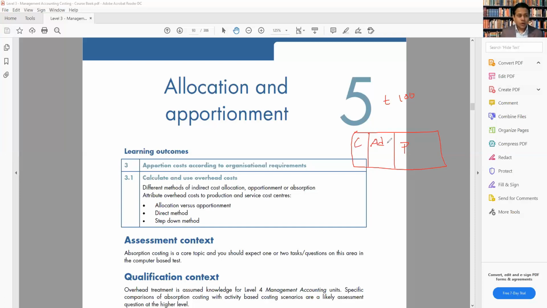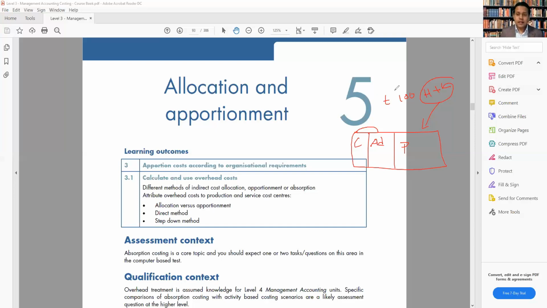If you put this £100 heating and lighting only on the production, these two departments will not bear any of the cost, and that will be unfair.